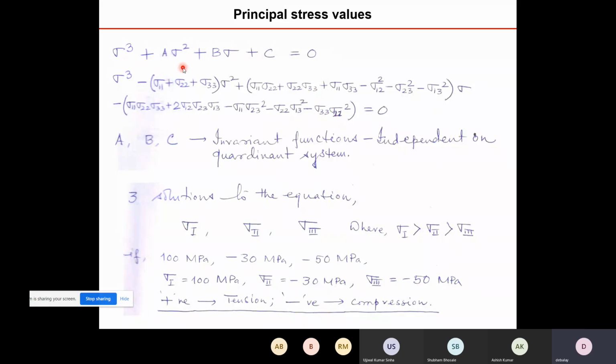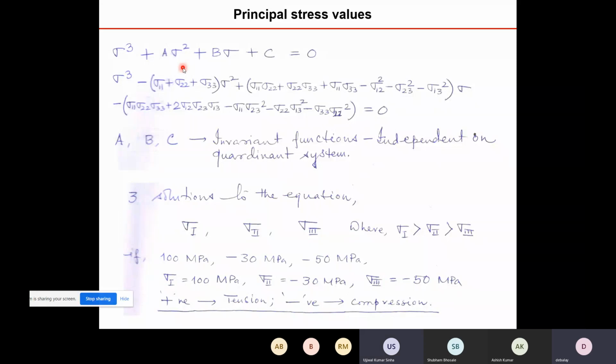Suppose sigma cube plus 15 sigma square plus 10 sigma plus 5 equal to 0. The values can also be negative. But if A, B, C are real values, will the solution be complex? I don't remember. You also check, I will also check.